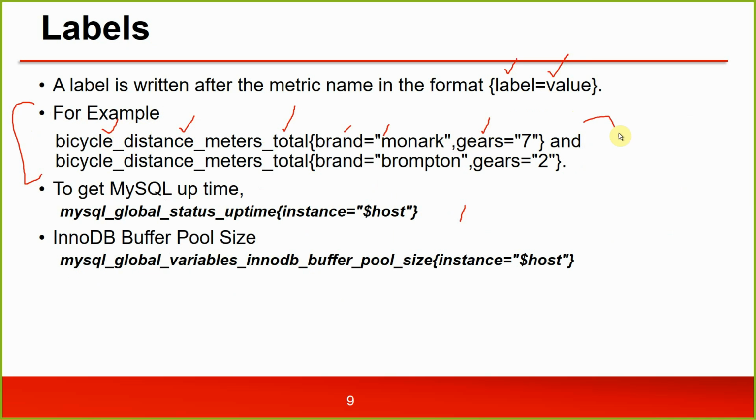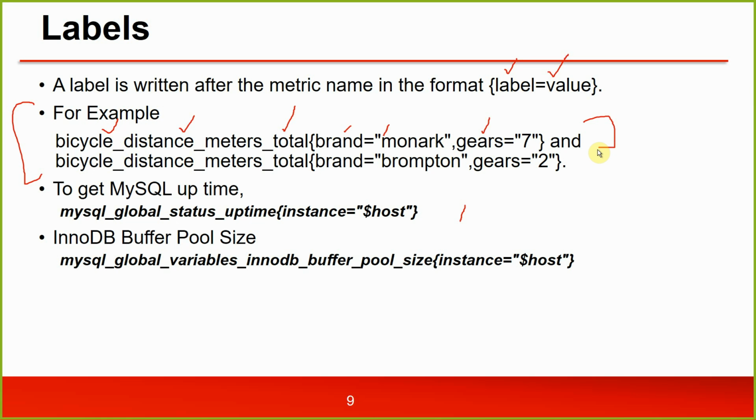So I am talking about a 7-gear Monarch bike, and I want to see the distance travelled. Another example: bicycle distance meters total where brand is Brompton and gear is 2, so a 2-gear bike of this brand.